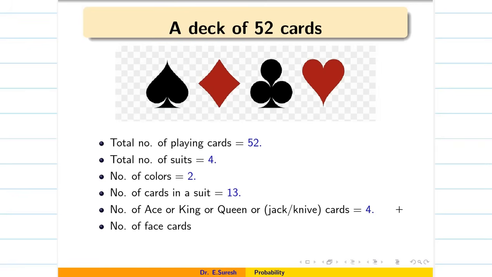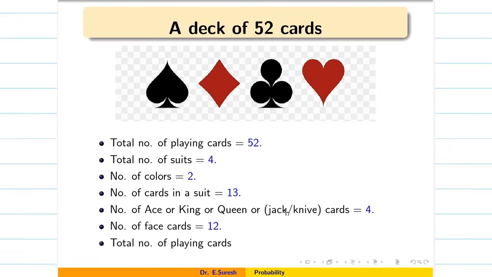Now, the face cards. What are the face cards? King, queen and jack are the face cards. So the number of face cards is 3 for each suit, and we have 4 suits. So 3 fours are 12. The number of face cards is 12.